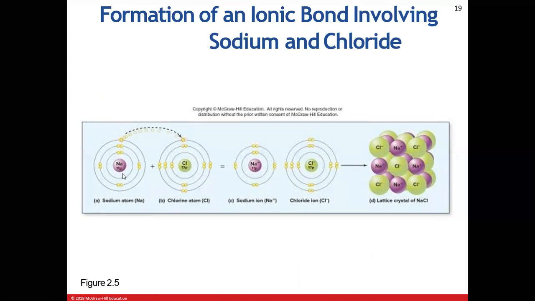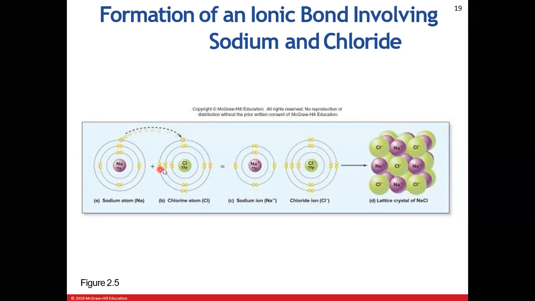If we look at sodium here, we have its valence shell. Again, we have 11 electrons to start with: 2 in the first shell, 8 in the second shell, that gives us 10, and 1 in its valence shell. Chlorine, on the other hand, has 2 in the first, 8 in the second, and 7 in its valence shell.